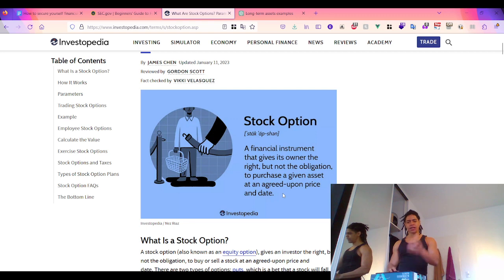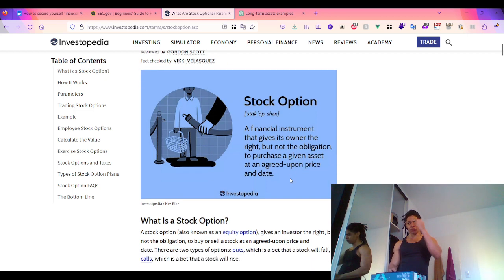So I have the right, if I own this financial instrument, a stock option, I have the right but not the obligation to purchase a given asset at an agreed upon price and date.